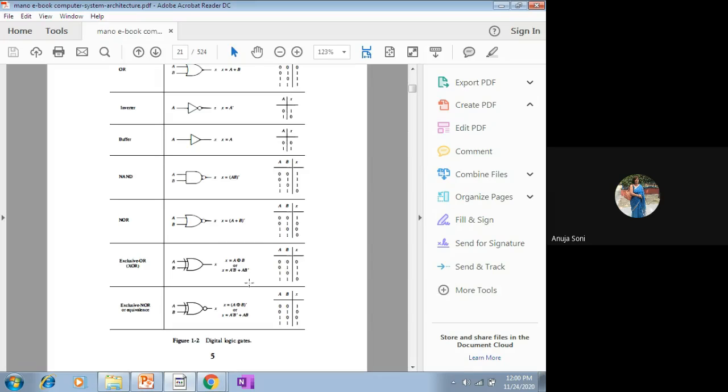Let me see. 0 and 0 dash, ultimately it will be 0. On this side 0 was there, on the right side 0 was there, 0 plus 0 ultimately will become 0, and so on. You can keep on placing all these input values in this expression and ultimately you will get the value of X.